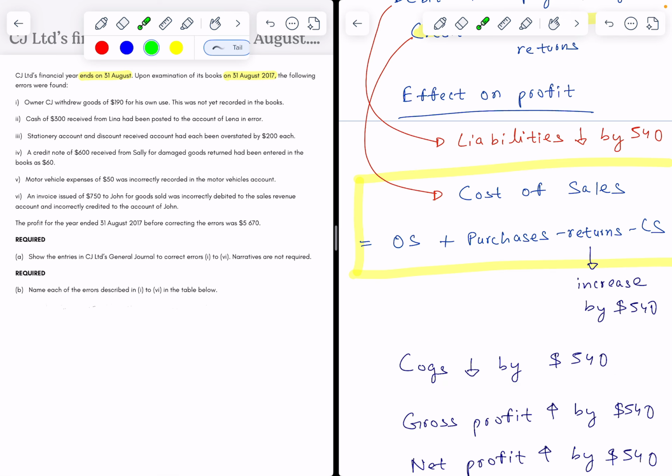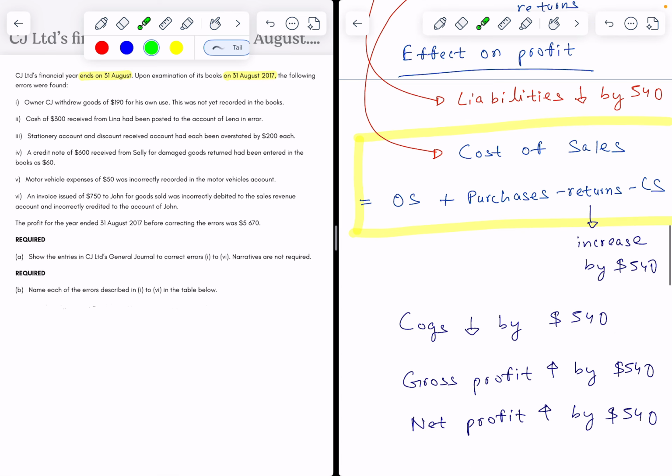So if cost of goods sold goes down in value, gross profit should go up by 540. Why? Because gross profit is calculated as the difference between the sales and the cost of goods sold. So if cost of goods sold is going down by 540, then gross profit should definitely increase by 540.